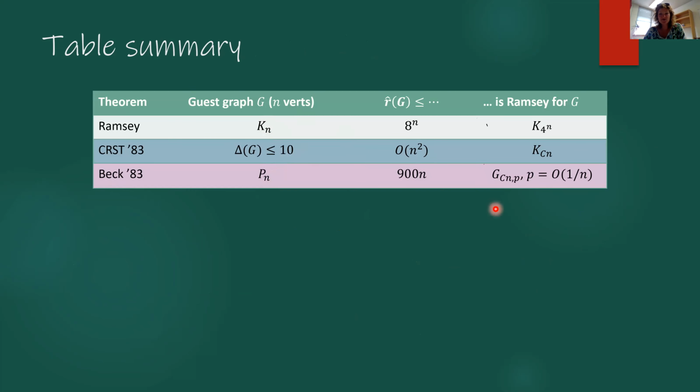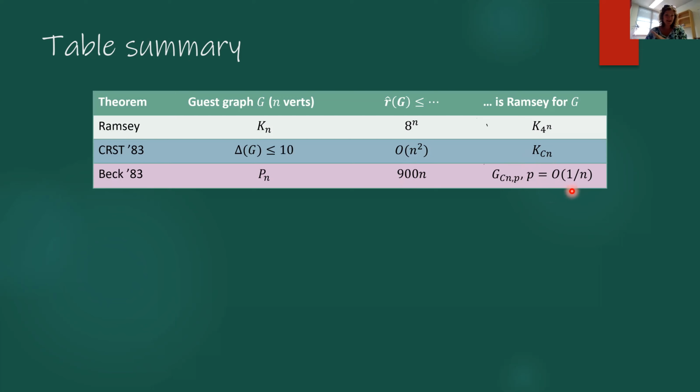Then we see which graph is Ramsey for G. And then the bound on the size Ramsey number that comes from this host graph. So this is just the number of edges in this complete graph, and this is the number of edges in this random graph. So Beck actually showed that the random graph with constant average degree is Ramsey for the path.